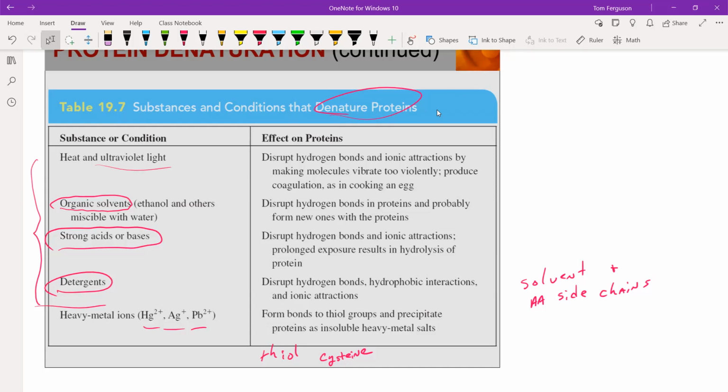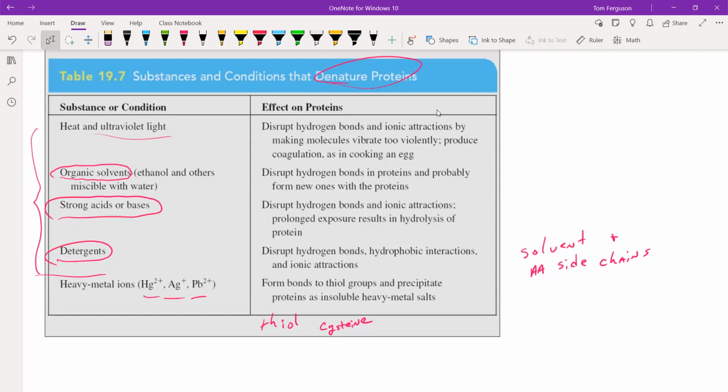That's basically the main reaction. Okay, so that's what I wanted to cover today, proteins. Now, are there any questions so far?